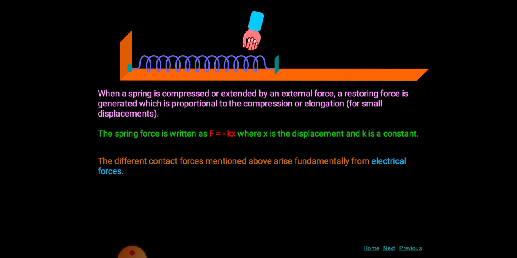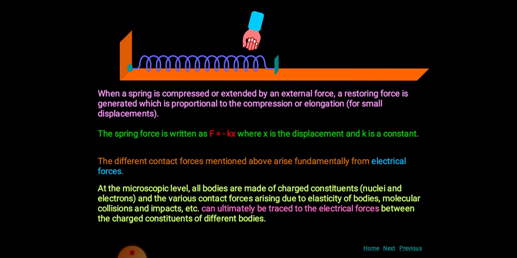The different contact forces mentioned above arise fundamentally from electric forces also. As I have told you already, we have discussed the four types of fundamental forces: gravitational force, electromagnetic force, strong nuclear force, and weak nuclear force. Here we have to discuss the electrical force also, because at the microscopic level, as we have already discussed about macro and micro, micro means very small.